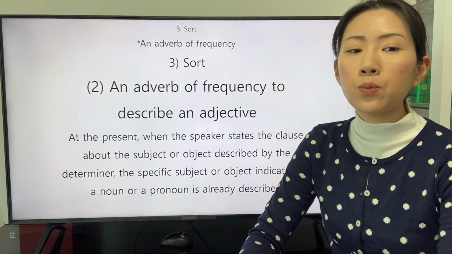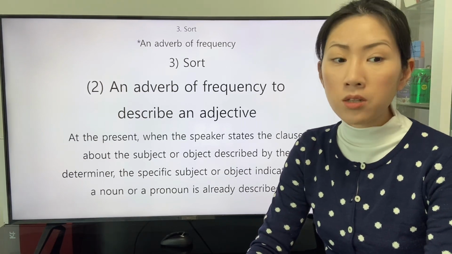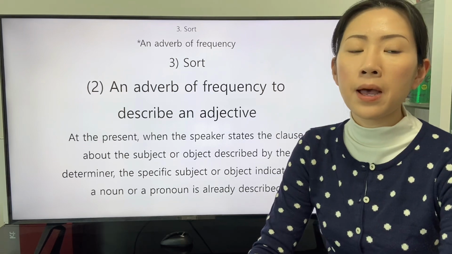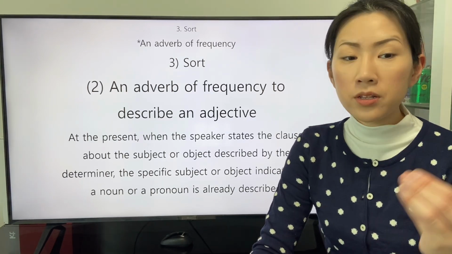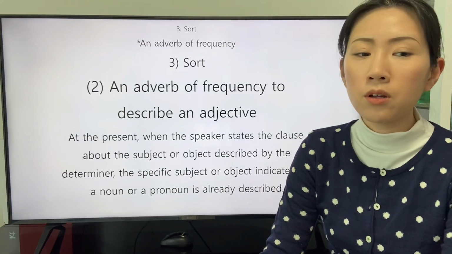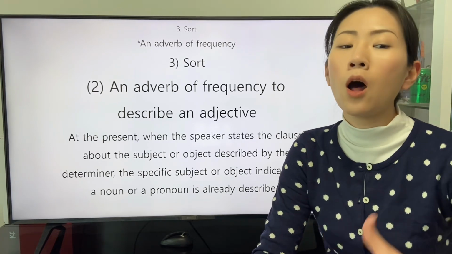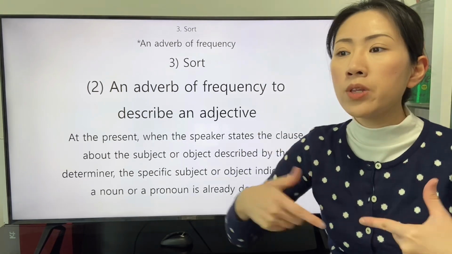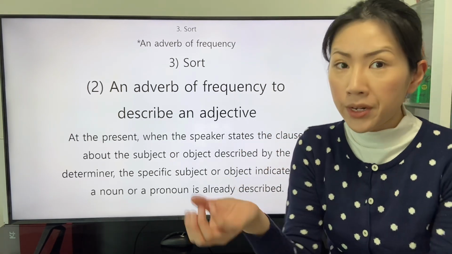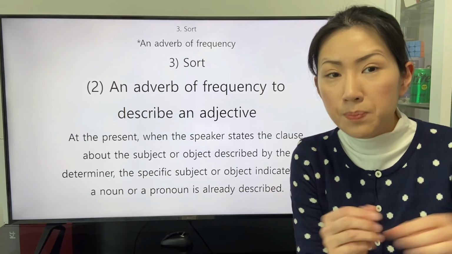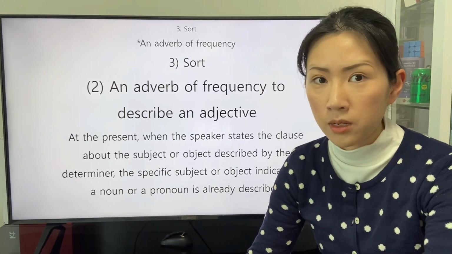At the present, when the speaker states the clause about the subject or object described by the determiner, the specific subject or object indicated by a noun or a pronoun is already described. The speaker only cares about the specified subject or object.